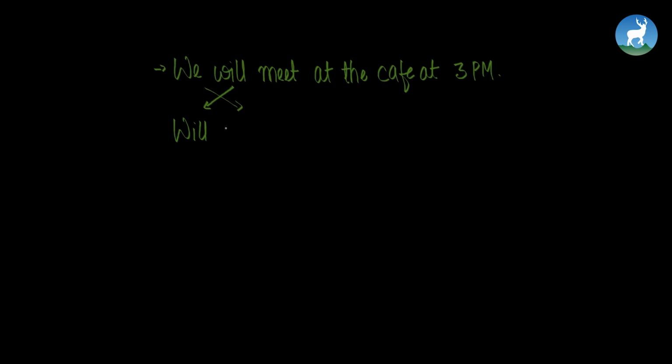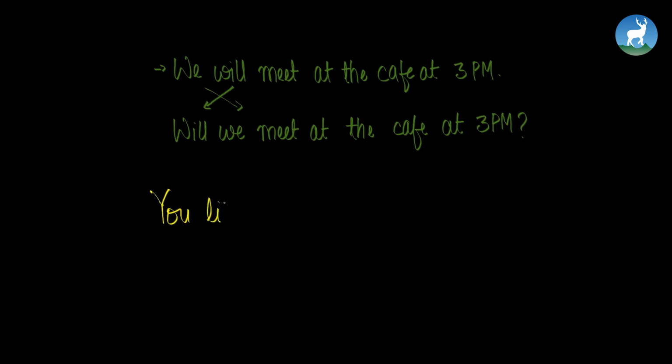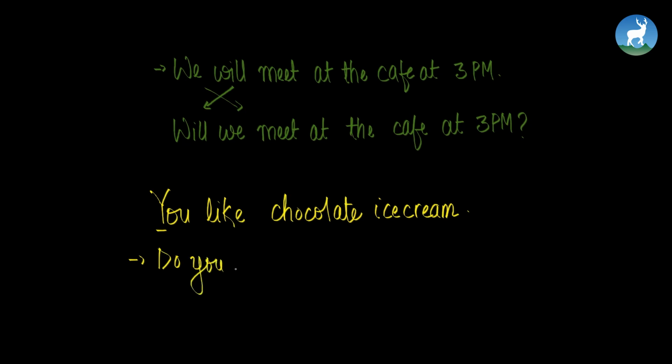Will we meet at the cafe at 3 p.m.? Alright, one more example. You like chocolate ice cream. Now, for you, as we always use the plural form to determine, for you, we always use do. Correct? Yes. So we'll begin the sentence with do you like chocolate ice cream?